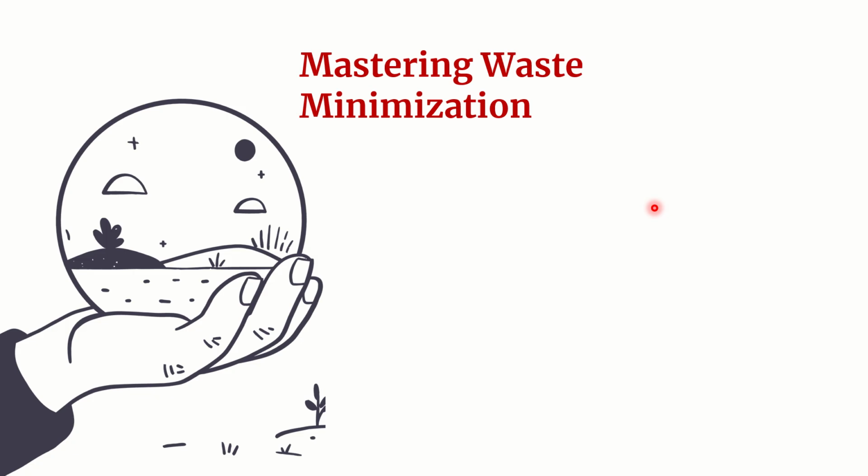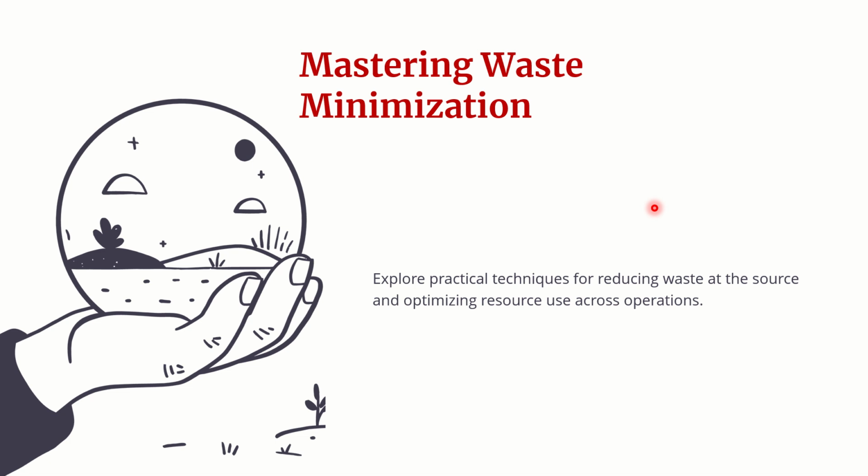Waste minimization techniques are strategies employed to achieve waste reduction at the source of generation. In the upcoming slides, I'm going to brief about the practical techniques involved in reducing the waste at the source of generation, and also how to optimize the resource use across different operations.